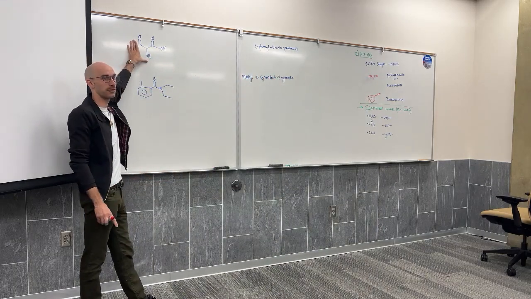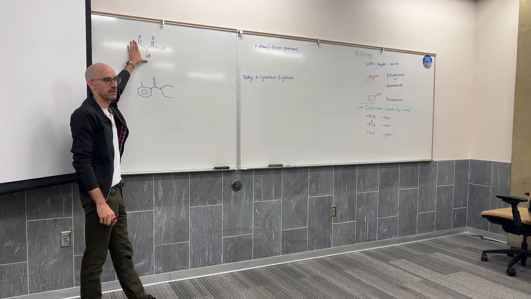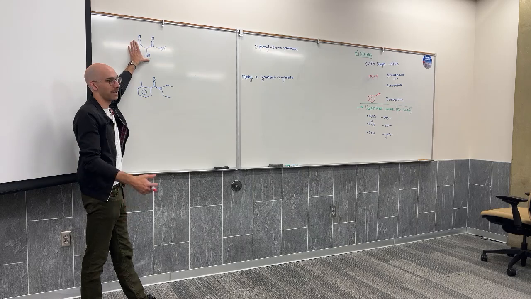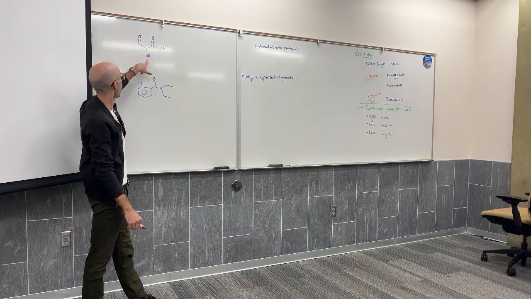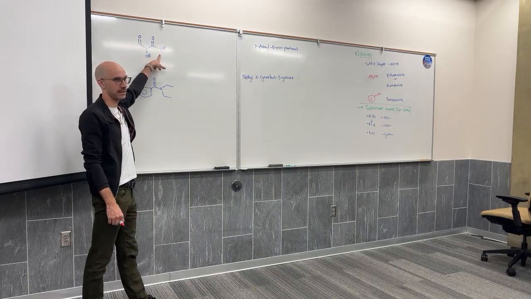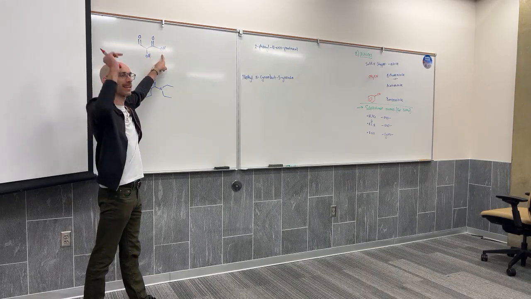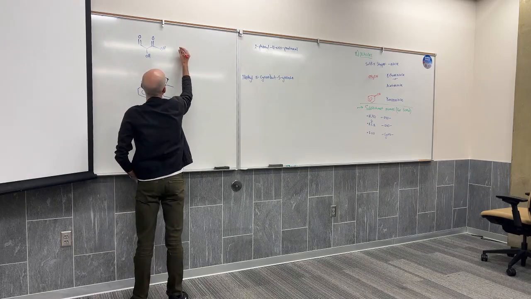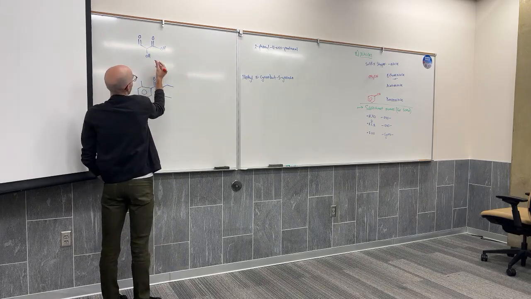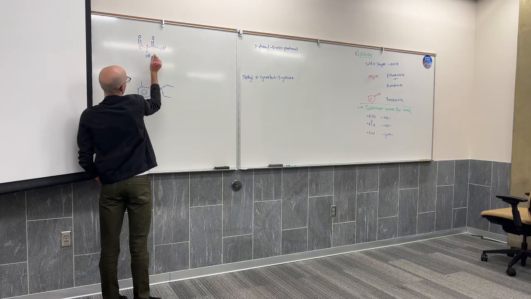What is my root for this compound? 3 carbons. Yep. The suffix would be just ane, and the suffix is either going to be al, one, or oic acid. But the carboxylic acid is the highest priority functional group. So I've got these 3 carbons.